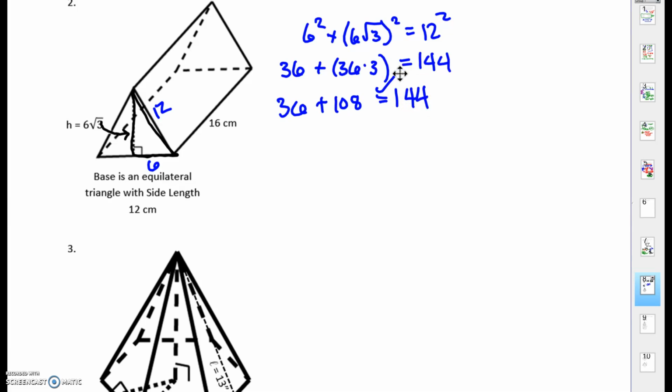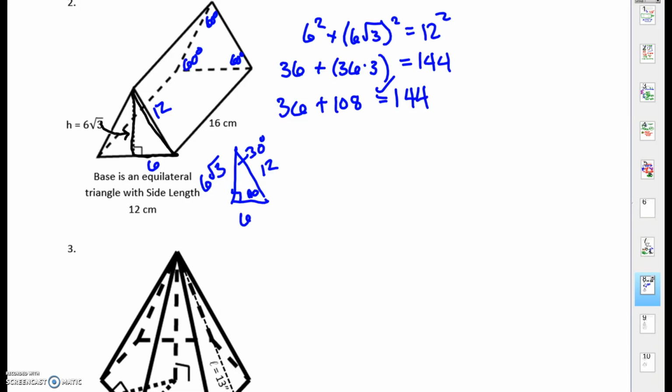But I also need to consider, if this is an equilateral triangle, then all of the angles in an equilateral triangle are 60 degrees. Which means that this little triangle right here that I'm going to draw is a 30, 60, 90 triangle. And it has lengths 12, 6, and 6√3.